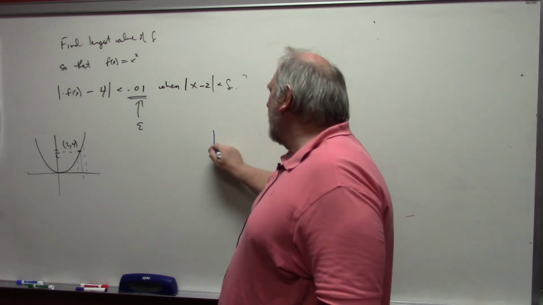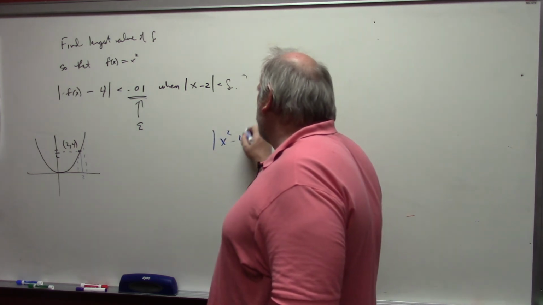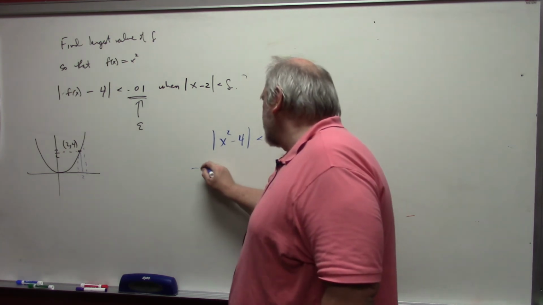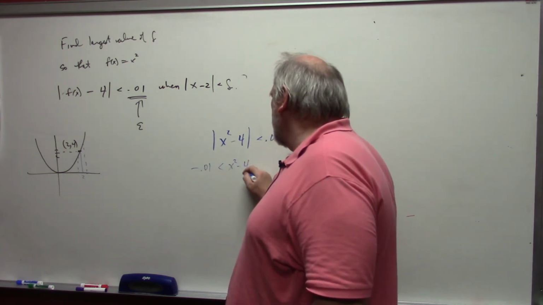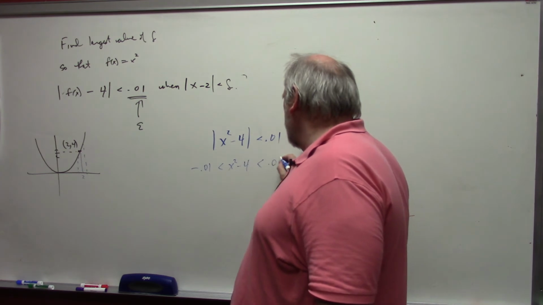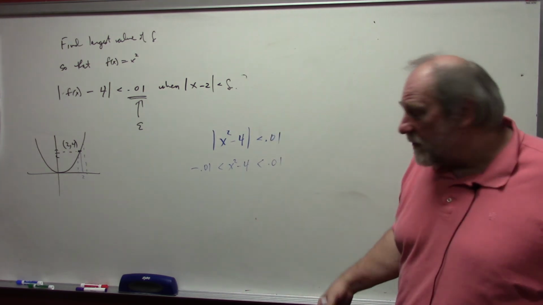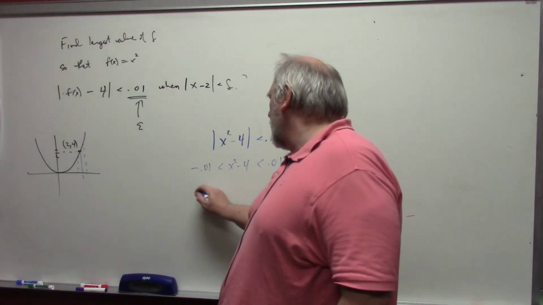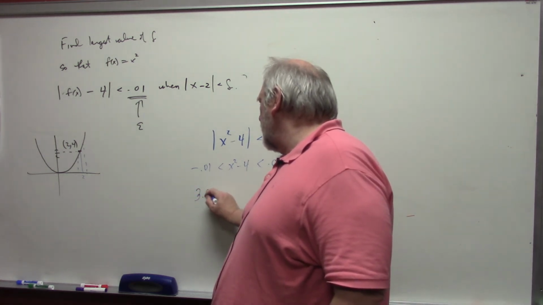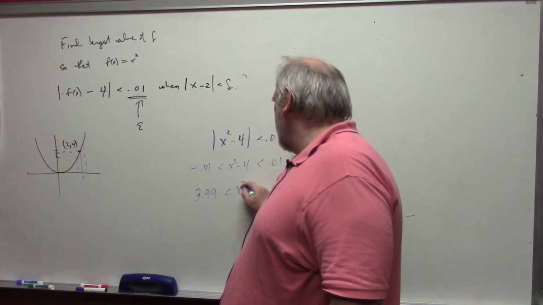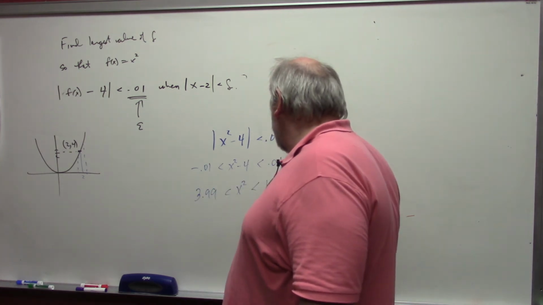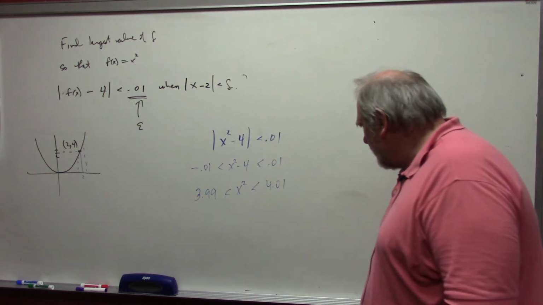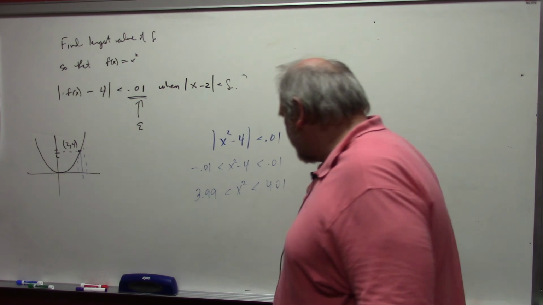And so we would say that the absolute value of x squared minus 4 is less than 0.01, which would mean negative 0.01 is less than x squared minus 4 is less than 0.01, getting that out of the absolute value. Remember those rules of absolute value we had? Or 3.99 is less than x squared is less than 4.01. Take the square root of all three parts here.